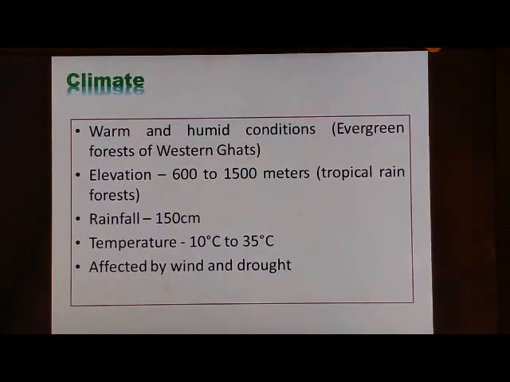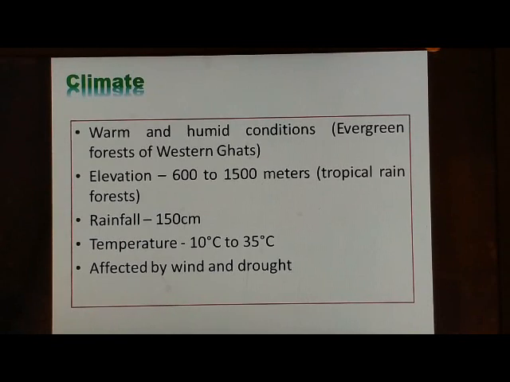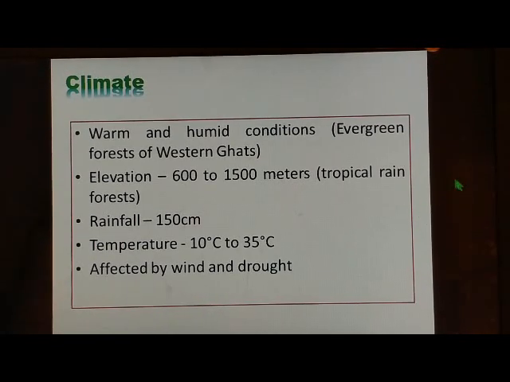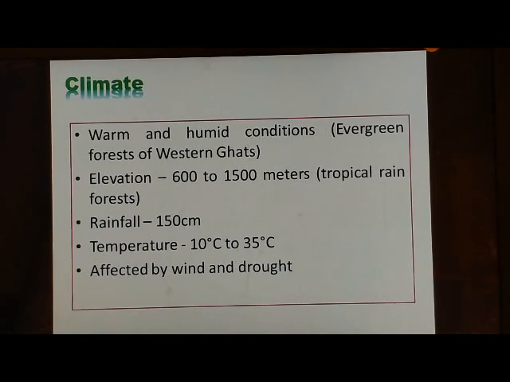Now the climate. In India, cardamom grows in the evergreen forests of the Western Ghats, having warm and humid conditions.